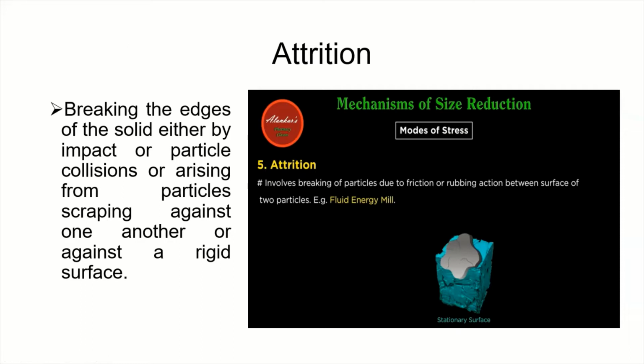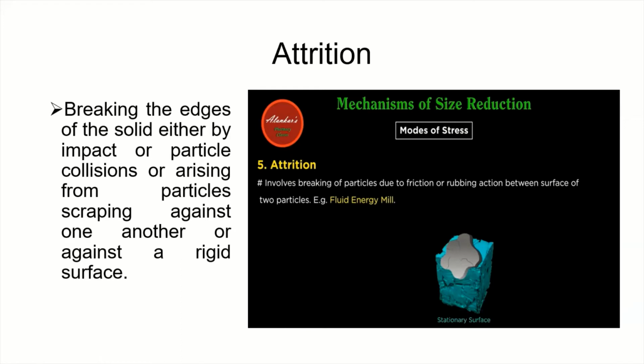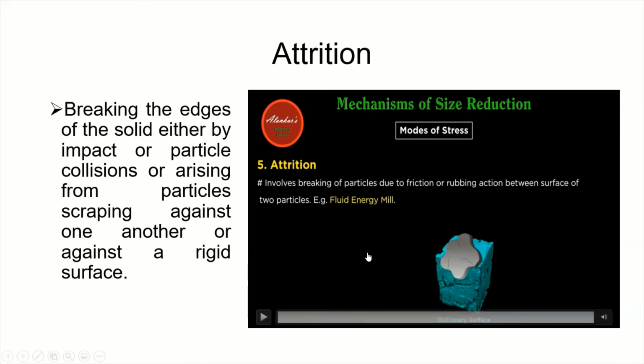Scraping one another means rubbing against each other. And the best example of this is the fluid energy mill, in which a stationary surface will be rubbed against the particle.